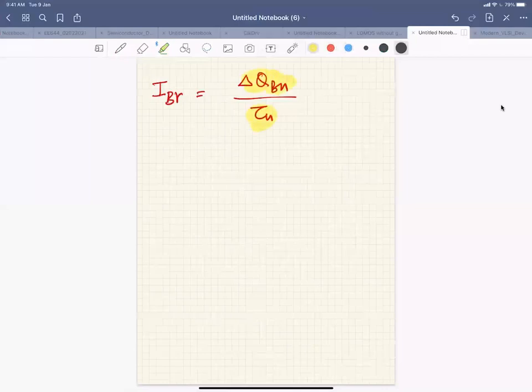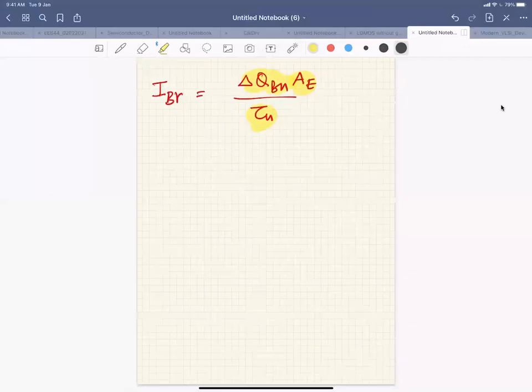So this is my IBR also. I could multiply by AE here because this gives you the total charge, Q delta QBN times AE, and this total charge by the minority carrier lifetime is your current, right?